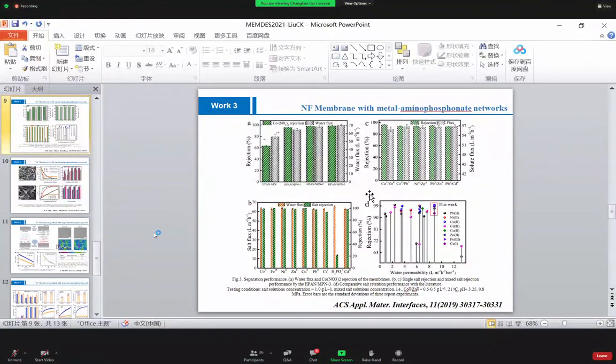So we further tested the rejections using a binary system of metal ion solutions, and found that although the water flux shows a little decrease, the rejections are still high. So we further expanded the types of heavy metal ions and found similarly good results. And we have compared our results with the results in the literature and found that our materials are superior in both the rejection of heavy metal ions as well as the water permeability.